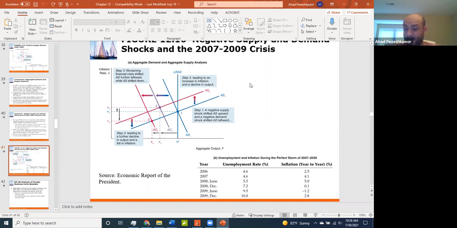It made perfect sense to me, get rid of COVID first, do whatever you need to do to get rid of COVID, and then after COVID has been taken care of, then you have a normal economic recession.